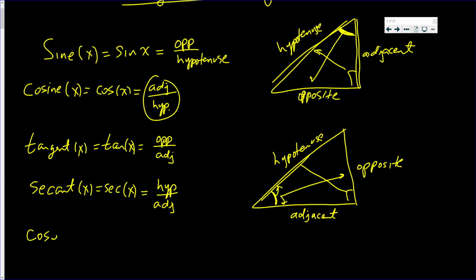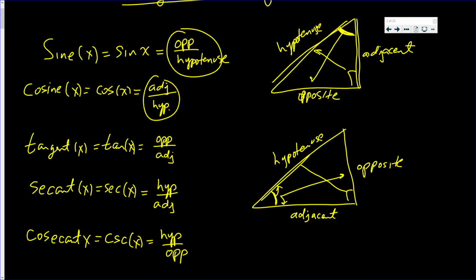The cosecant of x, which is abbreviated csc of x, is the reciprocal of sine, which is the hypotenuse divided by the opposite.